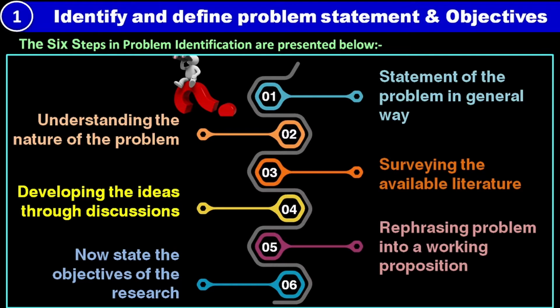After these second, third, and fourth points, the problem is rephrased into a working proposition, means the proposition at which we can work upon, so that the research can be conducted further. These steps decide this. And after the problem is rephrased, the objectives of the research are stated by the researcher.